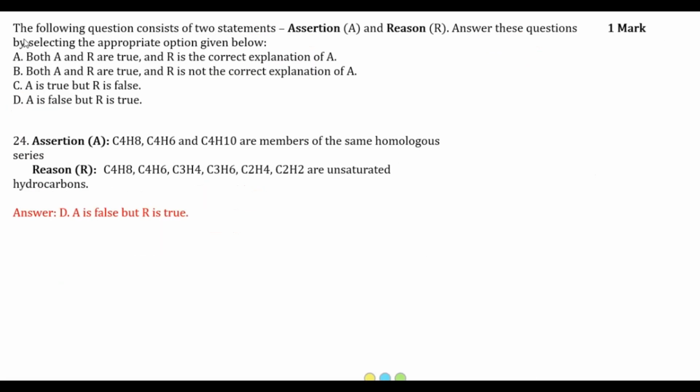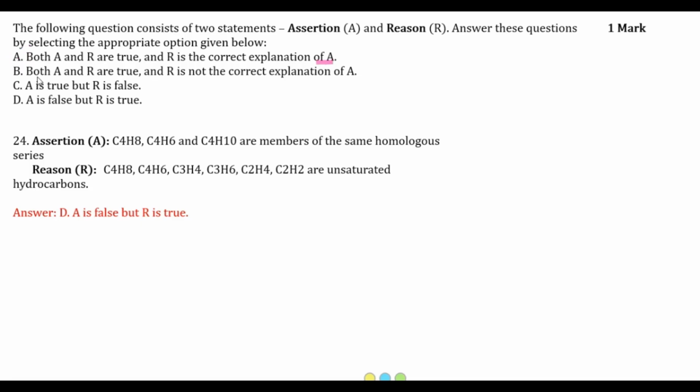Now the next question, question number 24, has assertion and reason. It is again carrying 1 mark. First we will read the question. The following question consists of two statements, assertion and reason. Answer these questions by selecting the appropriate option given below. A says both assertion and reason are true, and reason is the correct explanation of assertion.